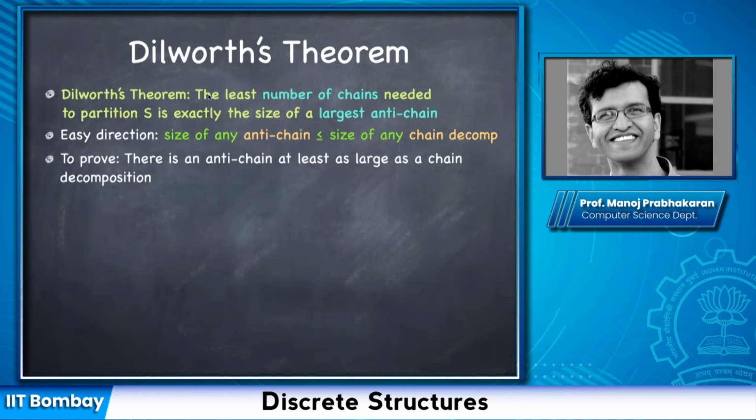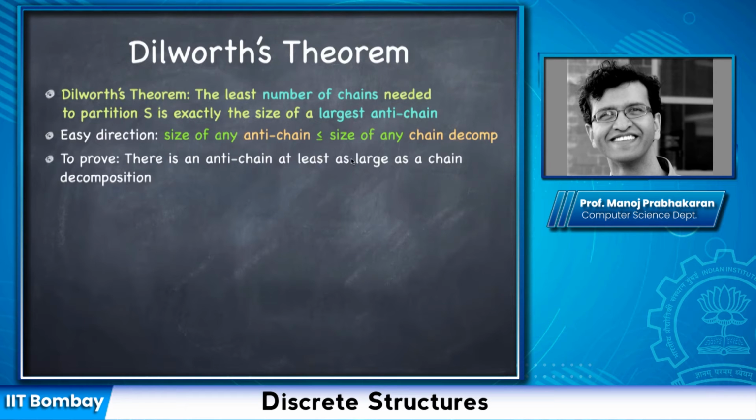And as you saw, one direction is easy. So what we are going to prove now is the other direction, that in fact there exists an anti-chain whose size is as large as the size of some chain decomposition, and that would be the smallest chain decomposition. Okay. How are we going to do that?